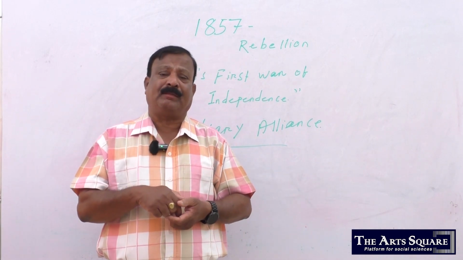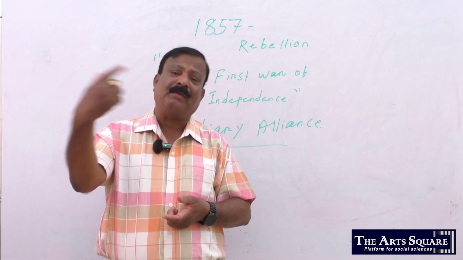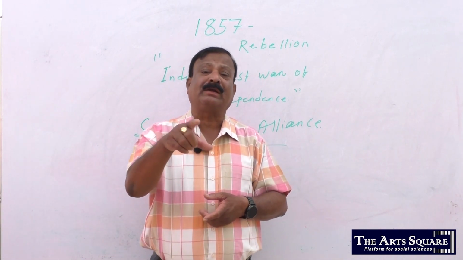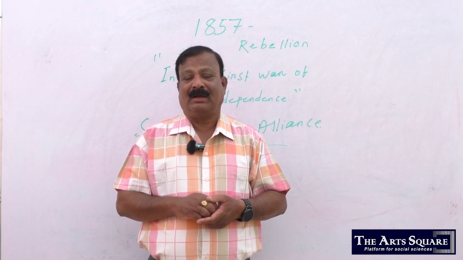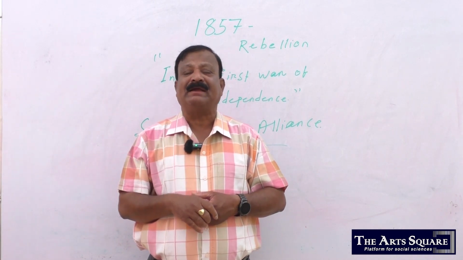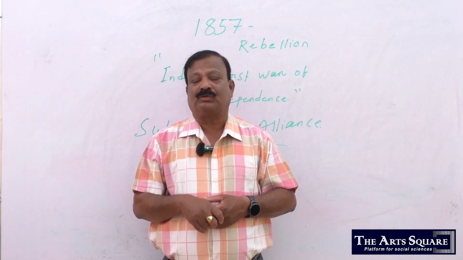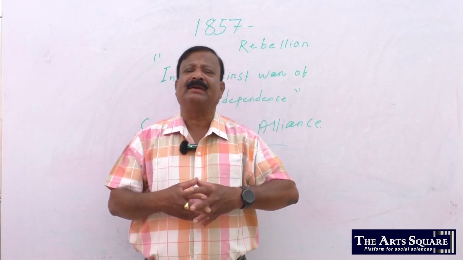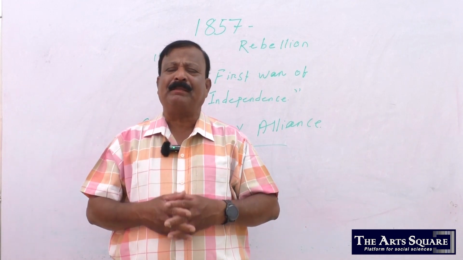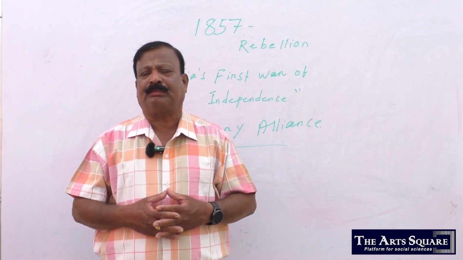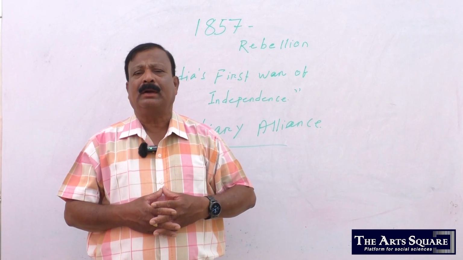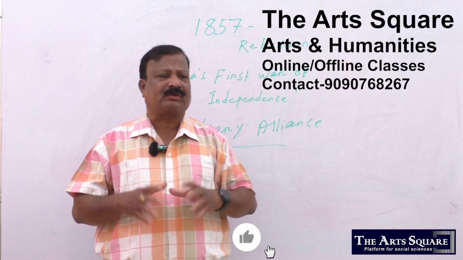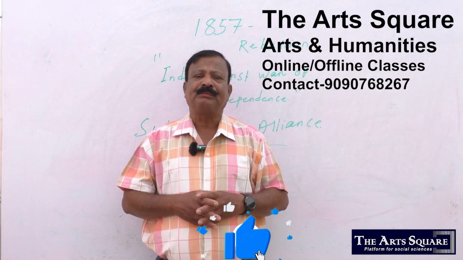Now the king will treat another man as the king, and he will be the deputy king. And the real king is the British. So the weak ruler immediately agreed that whatever it may be, I am the king for all time. I want to defeat that ruler. In the next class, we will discuss this elaborately.